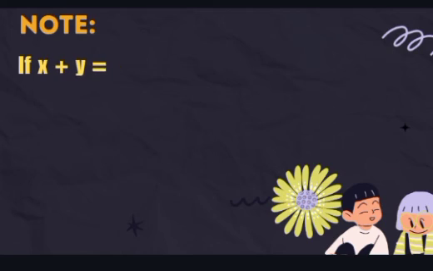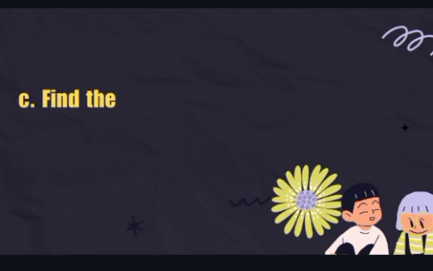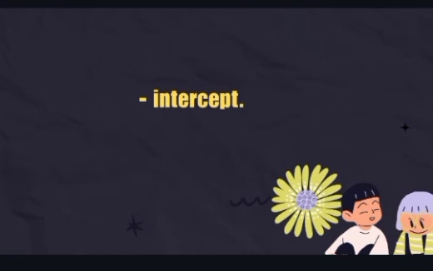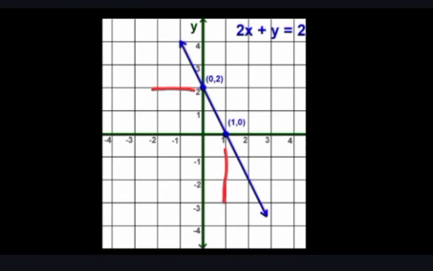The next part says, find the y-intercept. Now, what is the y-intercept? It's simple. The y-intercept is also the point where the blue line cuts the y-axis.